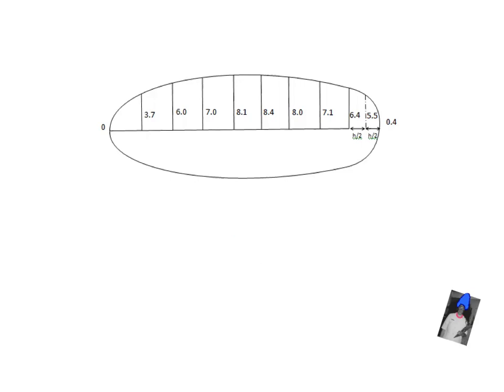So our first step will be to calculate h, the common interval, which is the width between each of the semi-ordinates. And note that the width of the appendage is also h.